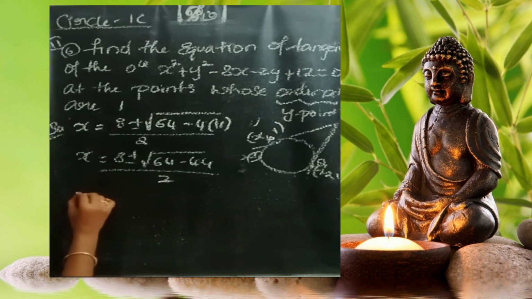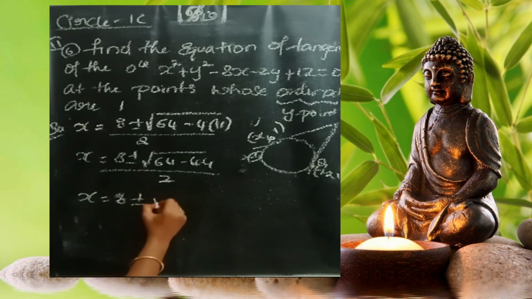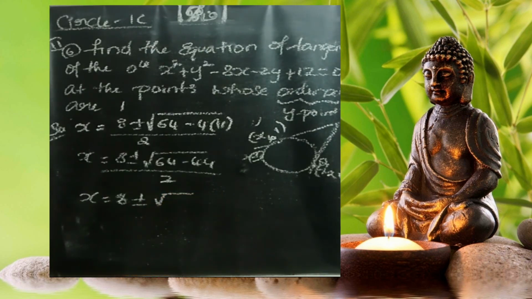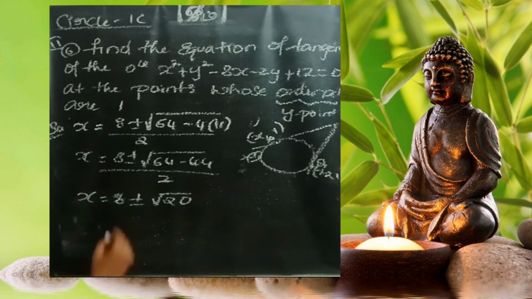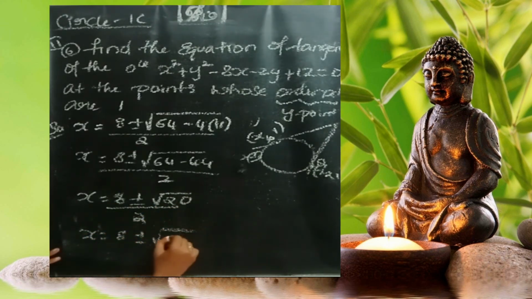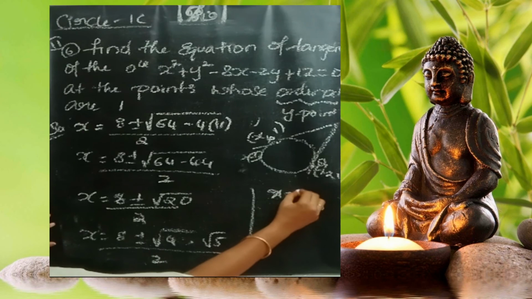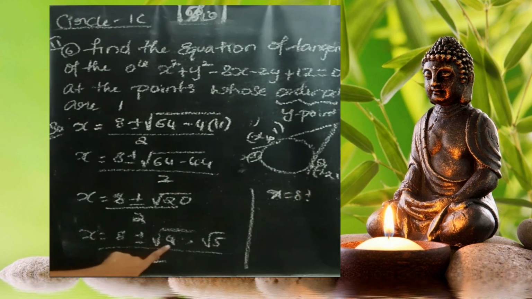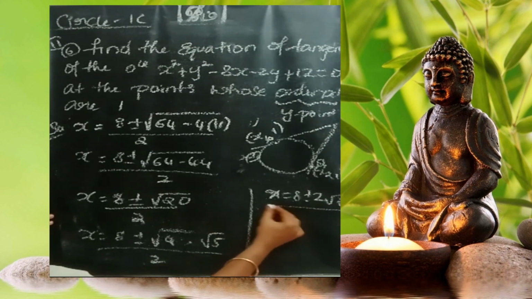Then you will get x equals 8 plus or minus root 20, by 2. You can write 20 as 4 into 5, so the root of 4 is 2, giving 2 root 5 by 2.